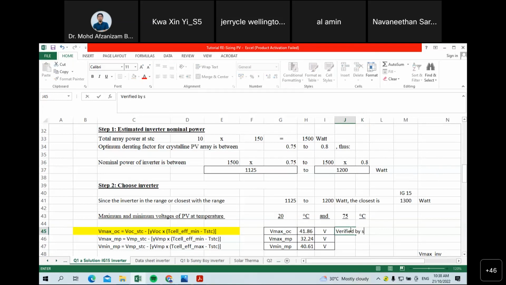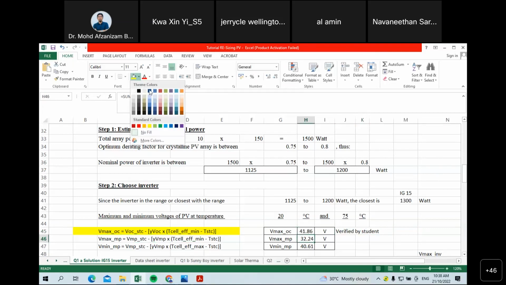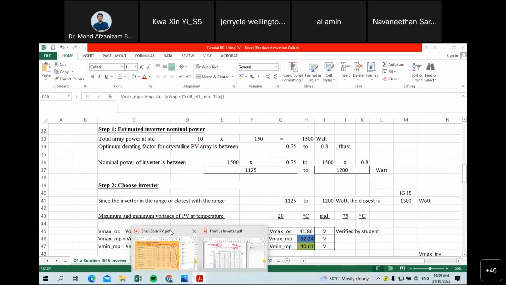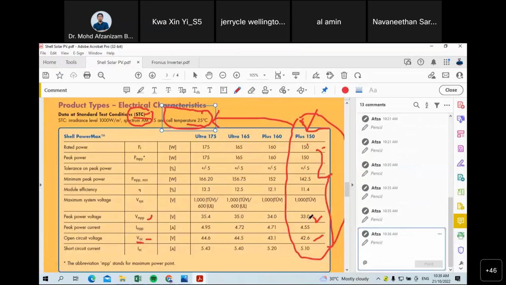Okay guys, next, with the same approach, try to get the blue in color answer and also the green in color answer. First line verified by students. Then go for the next one, the blue in color, Vmax MP. Vmax MP means we go to the data sheet and choose the VMP, which is 33.